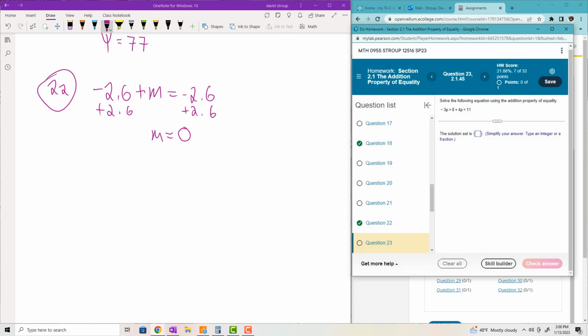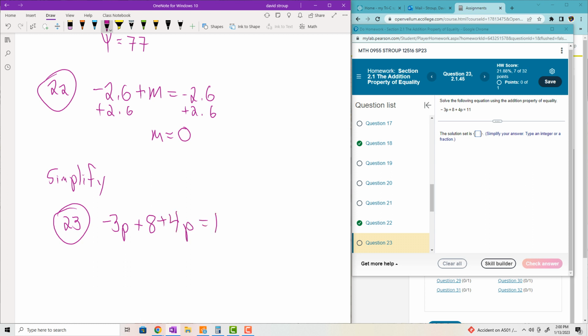Okay. This next set of problems, you have to simplify both sides of the equation first before you solve. So simplify, do any distributions, combine like terms, all that jazz, right? So anyways, let's look at 23. And we have negative 3p plus 8 plus 4p equals 11.